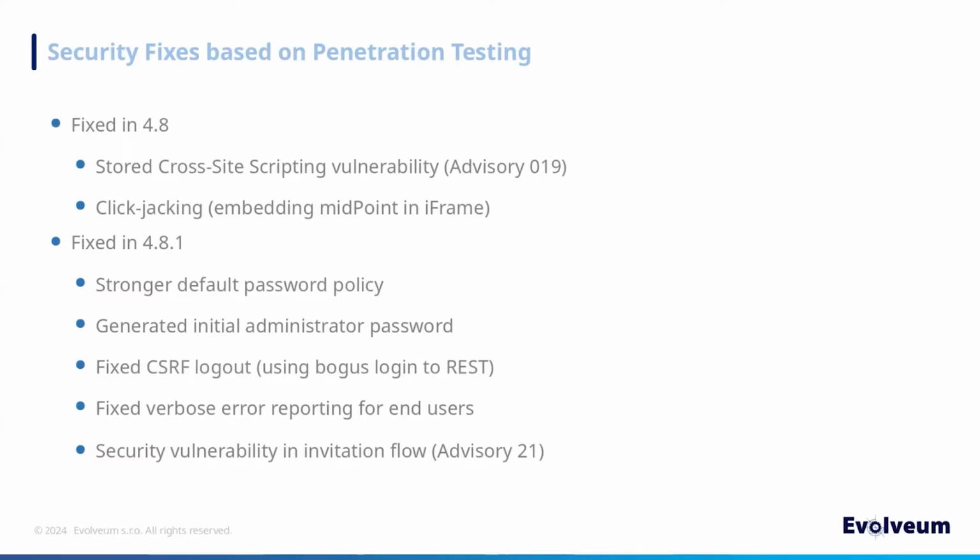In 4.8.1, we introduced the already mentioned new default password policy, and we removed the hard-coded administrator password. We fixed cross-site request forgery for logout. We added the option to not report stack traces to the end users. And we fixed a vulnerability in the invitation flow, which allowed the attacker to create accounts even if they were not invited.